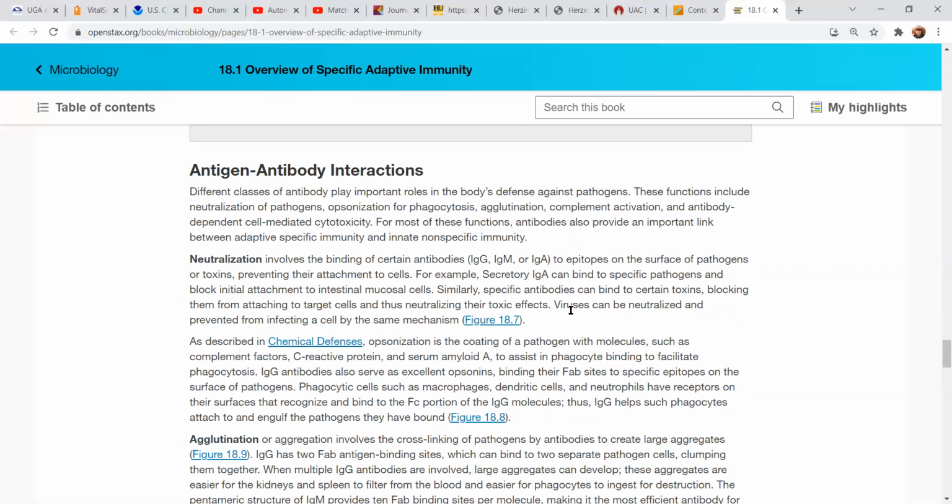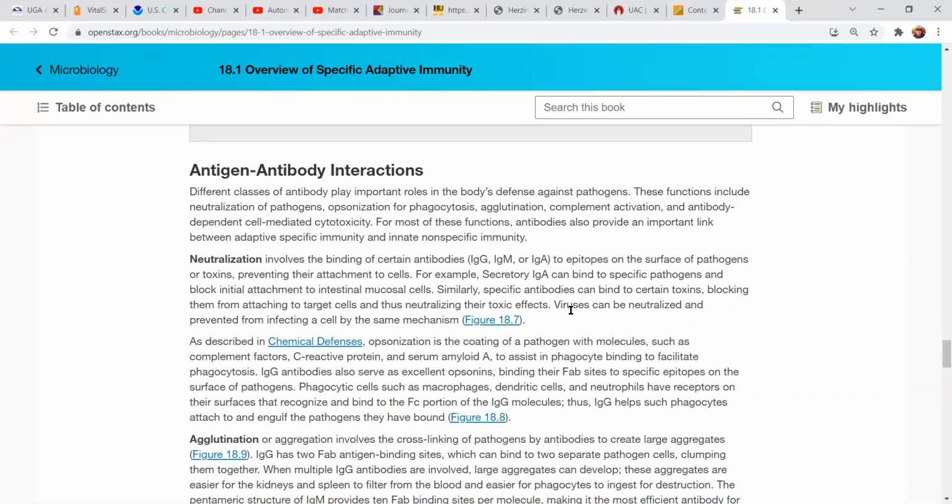So neutralization is when antibodies bind to epitopes, preventing them to attach to cells. So if they can't get into the cell, especially if we're talking about those obligate intracellular parasites, if they can't get inside the cell, they can't cause disease. So these are effective against those types of pathogens as well as viruses.